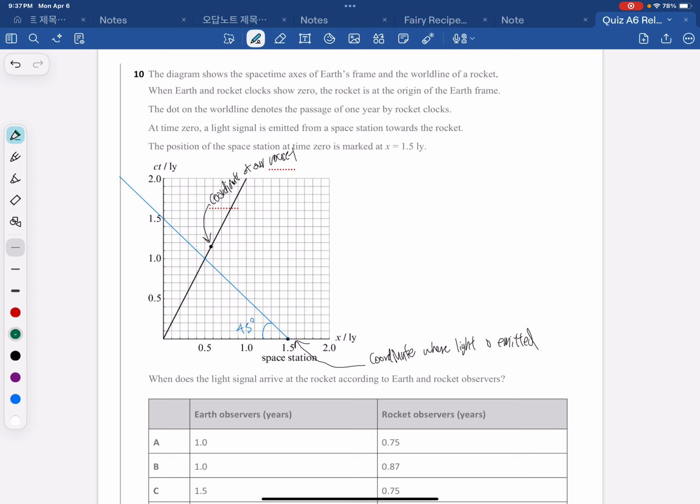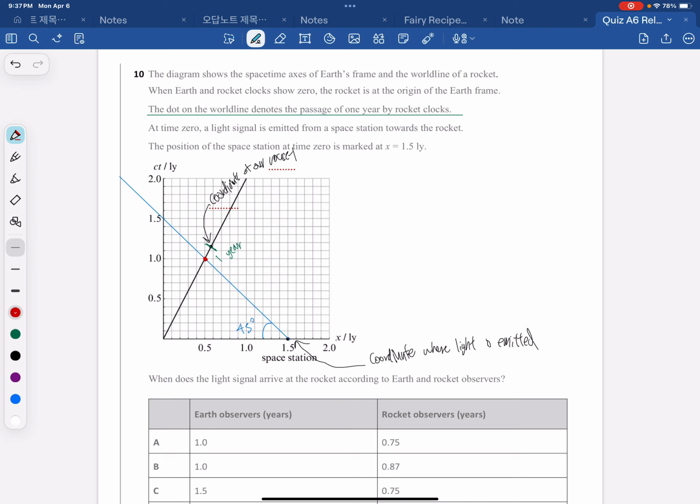Oh, this dot, according to this line, it says the dot on the world line denotes the passage of 1 year by rocket clocks. So this is 1 year. Okay, and the intersection that we're looking at is this one right over here, right? So first, in rocket observer's year, what is the time coordinate of this red intersection point?